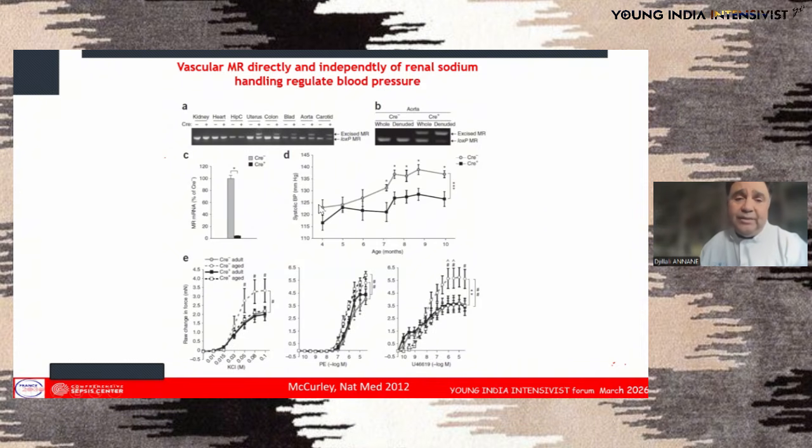And one can see, for example, looking at systolic blood pressure, that the effect of the mineralocorticoid is independent of the mineralocorticoid receptor in the kidney and is not related to renal retention. So it is related to other mechanisms, as shown, for example, by producing vasoconstriction with potassium chloride, phenylephrine, or other vasoconstrictive agents.